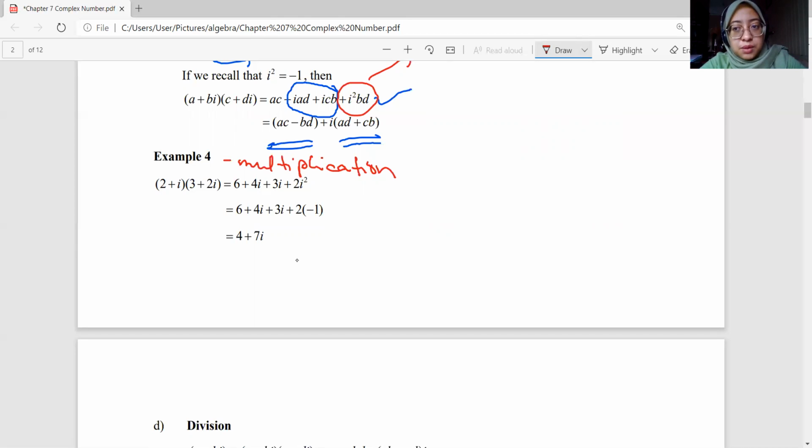So remember, when we get I square, we have to substitute the value as negative 1. So it becomes 6 plus 4I plus 3I plus 2 times negative 1. So the final answer is 4 plus 7I.